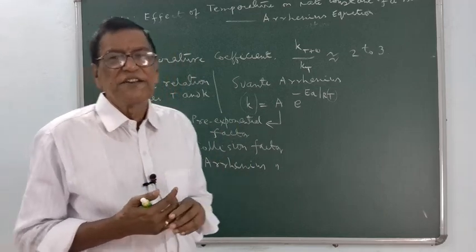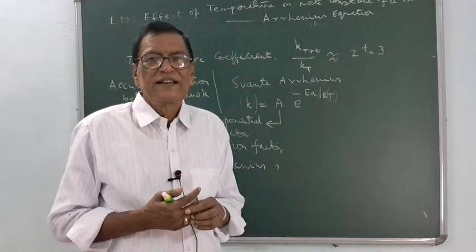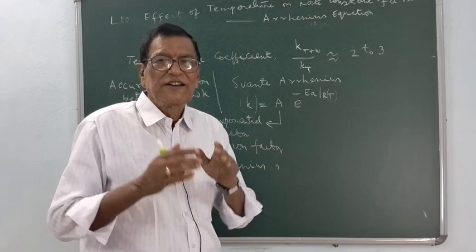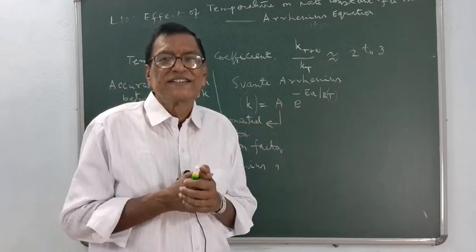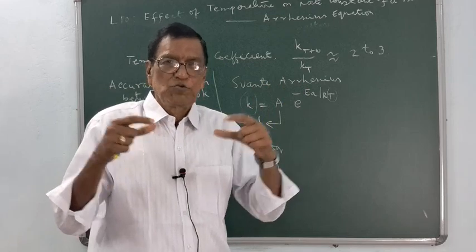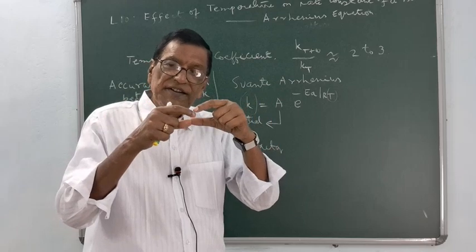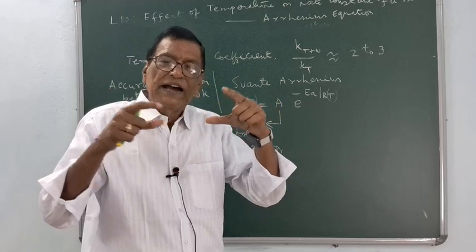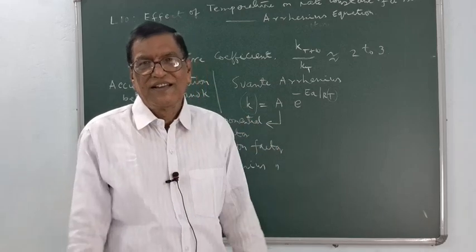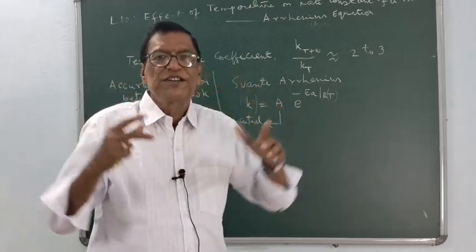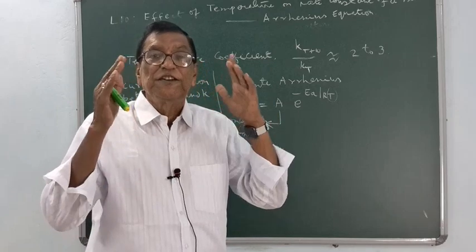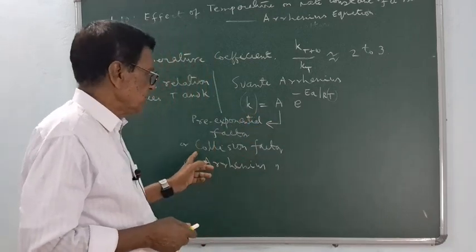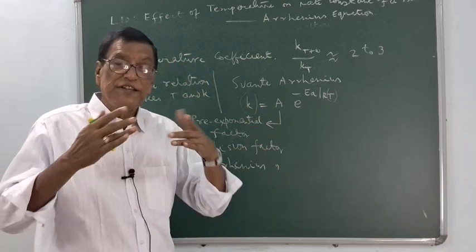Means frequency of binary collisions. Binary collisions are very popular. Ternary collisions are very rare, and quaternary four-body collisions are nearly impossible. At a time, two bodies can collide, three bodies also collide very rarely, and four-body collision is very, very rare. So it is related to the collision factor, collision frequency.